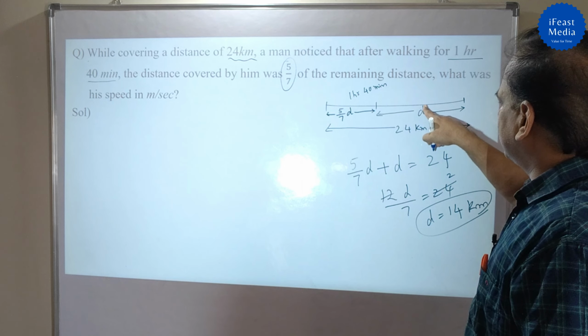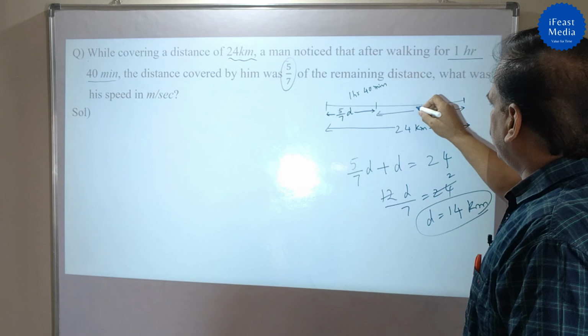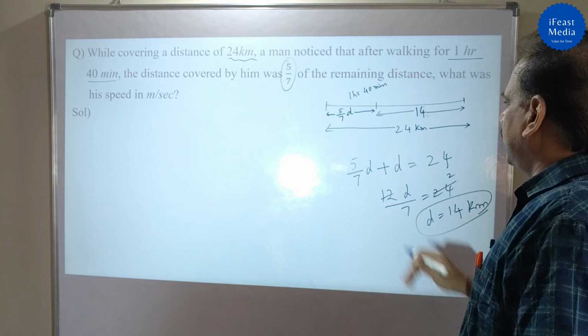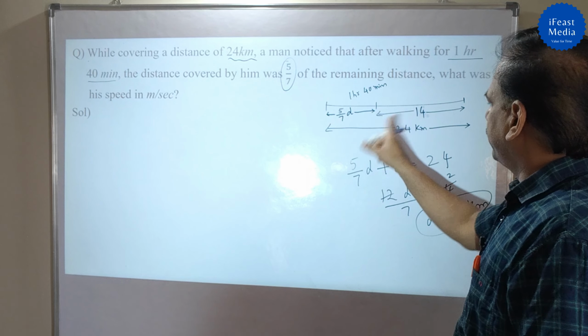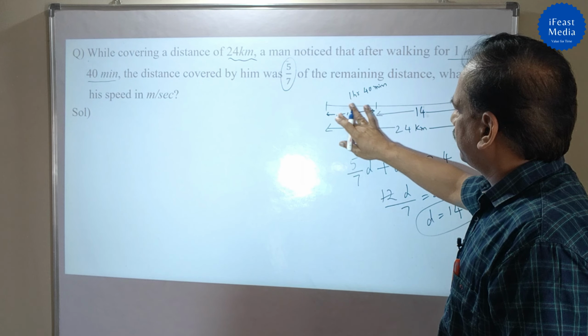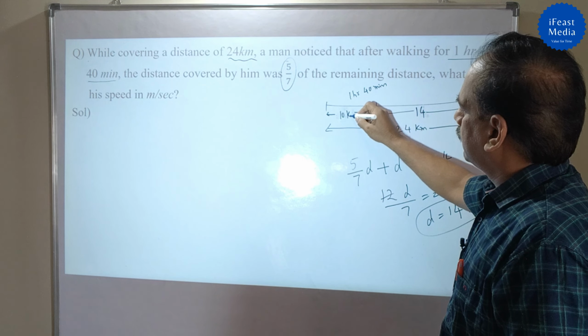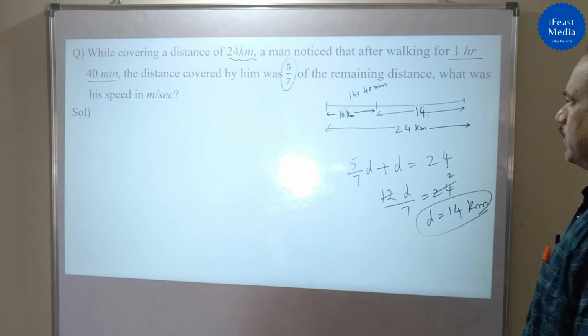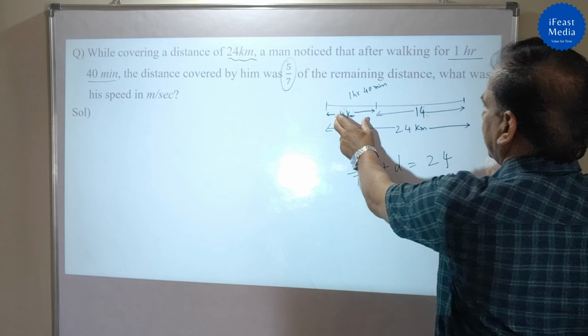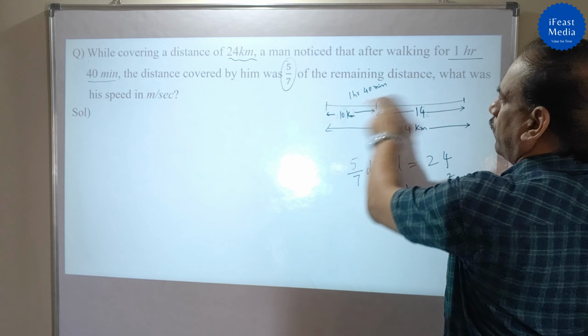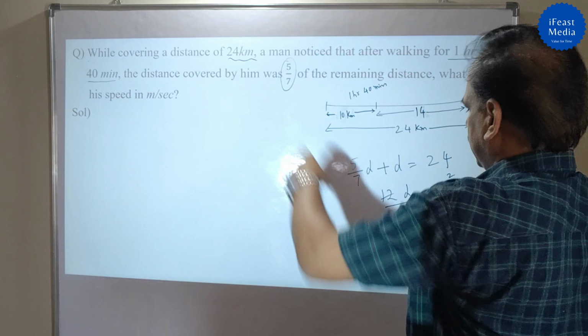So this distance is 14 kilometers. Then what is this distance? 24 minus 14, so this must be 10 kilometers, right? So he covered 10 kilometers in 1 hour 40 minutes. What was his speed in meters per second?